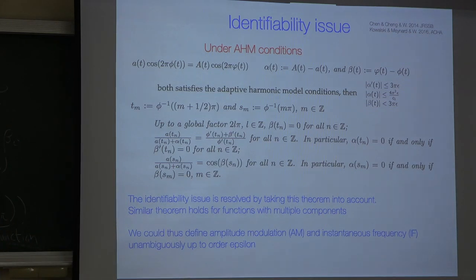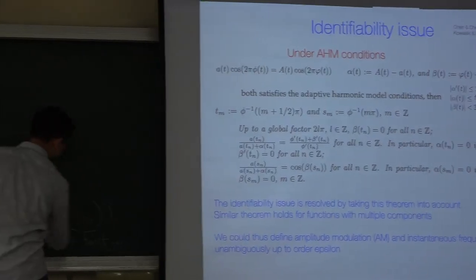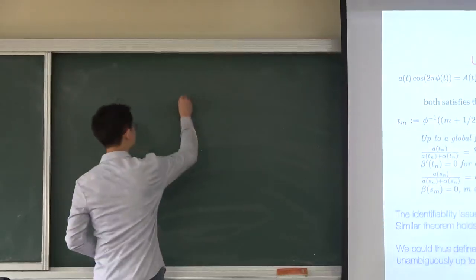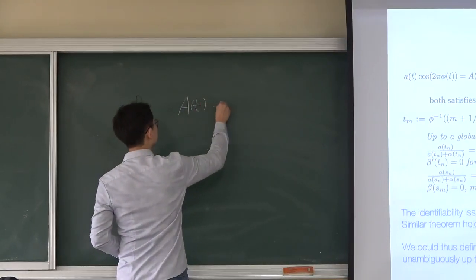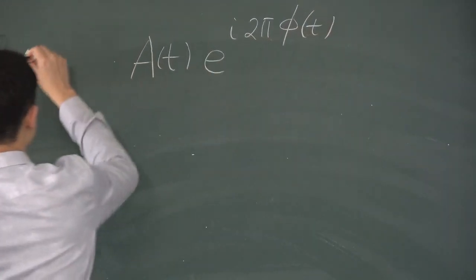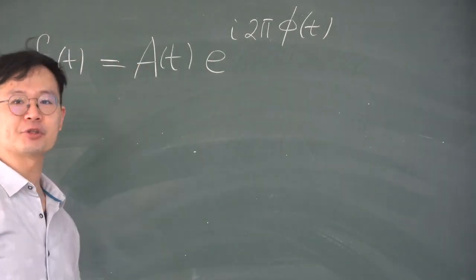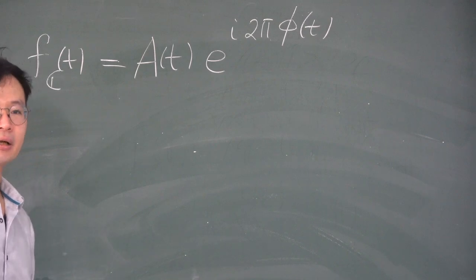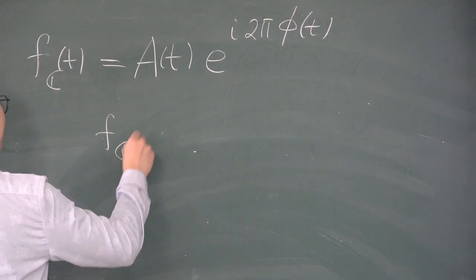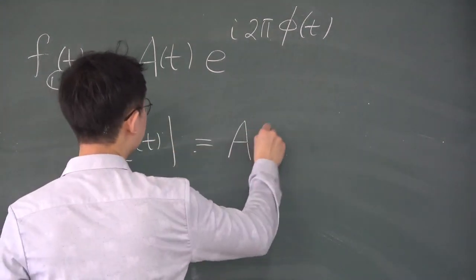And the situation is very peculiar for the real form function. If the function is of complex form, the story is different. For example, if I give you e^{2 pi i phi(t)} times an amplitude, suppose this is a complex form. Is this function uniquely defined? The answer is yes. If you take the modulus, you get the amplitude modulation.